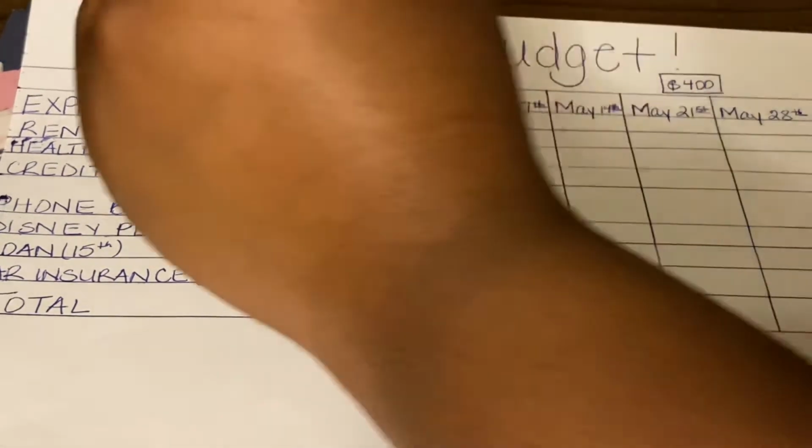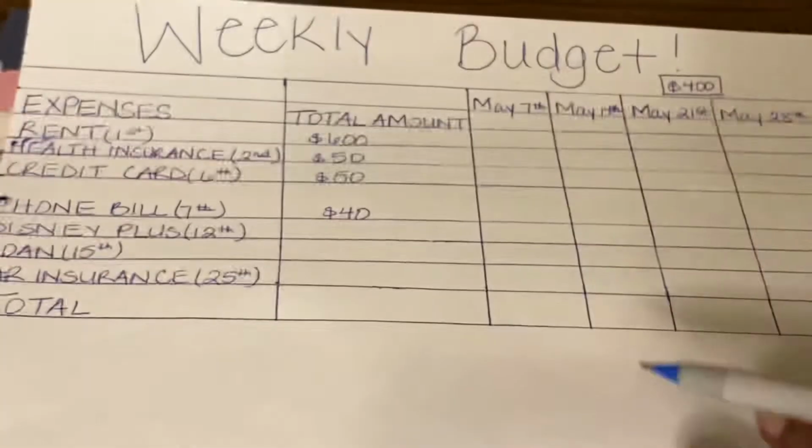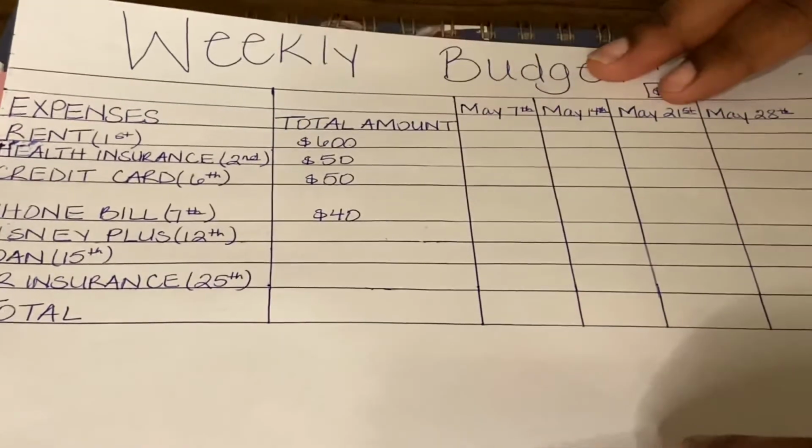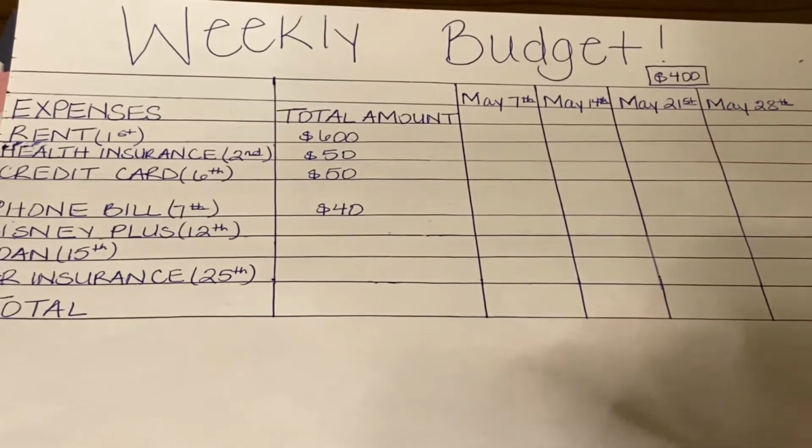Phone bill is $40. Disney Plus, they've actually raised the price to, I think, $9.07 is what comes out of my account. So we'll just say $10.